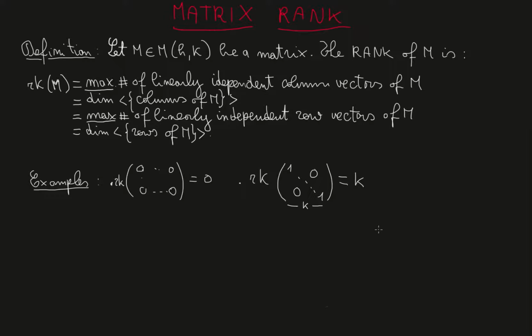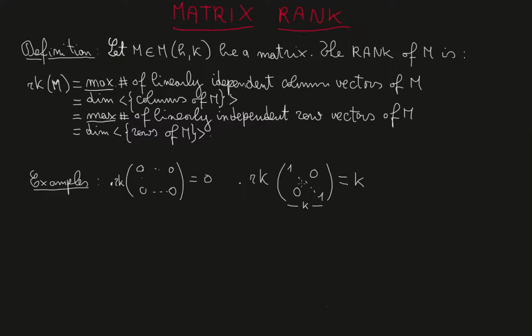Now, at the other extreme, we have the identity matrix. The identity matrix is a square matrix with ones on the diagonal. This was the identity element for matrix multiplication. And as we see, if we consider the rows of this matrix or the columns of this matrix, we obtain a set of vectors which constitute the canonical basis of R^k.